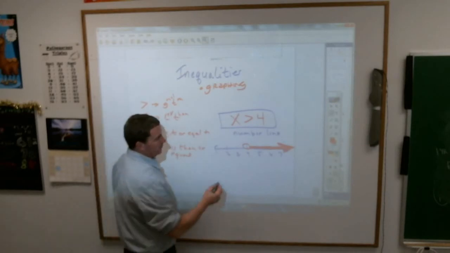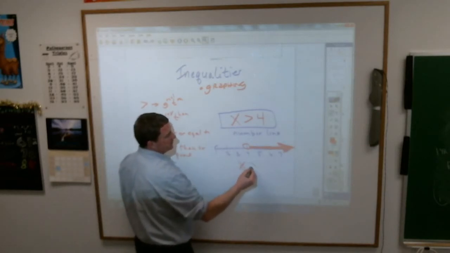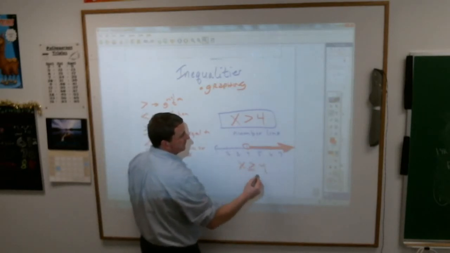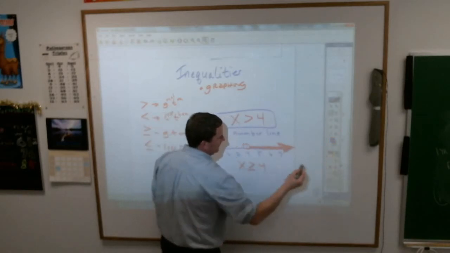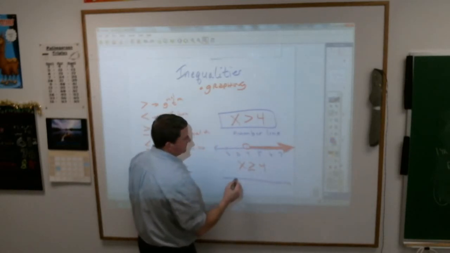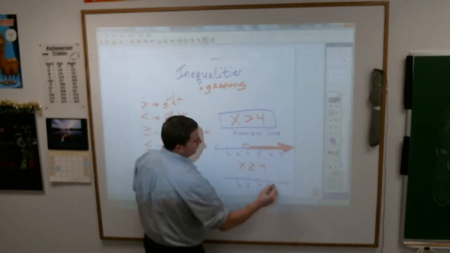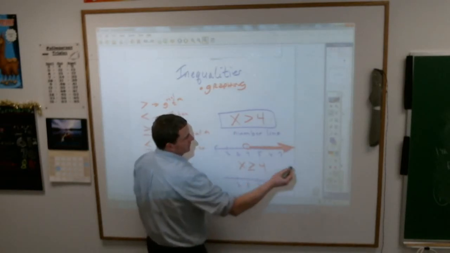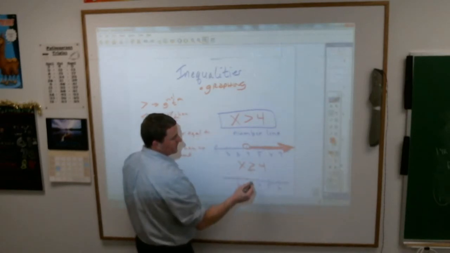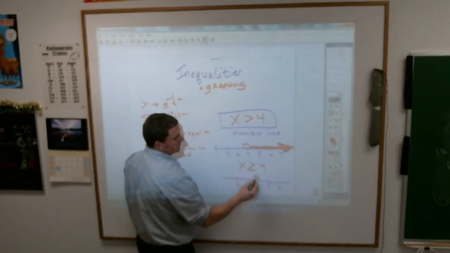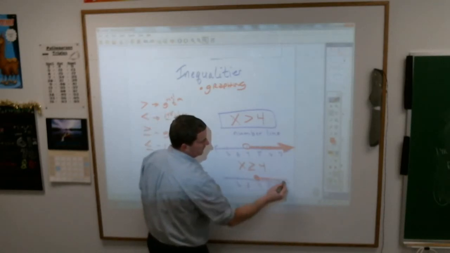If it was x is greater than or equal to 4, it would be the same exact graph except at the number 4 it is a closed circle, because that says yes, it starts at 4 and includes 4. And it goes forever this way.